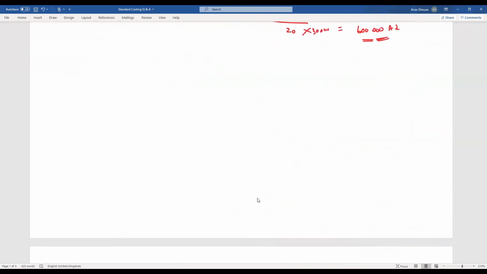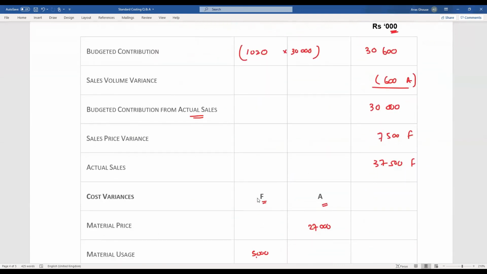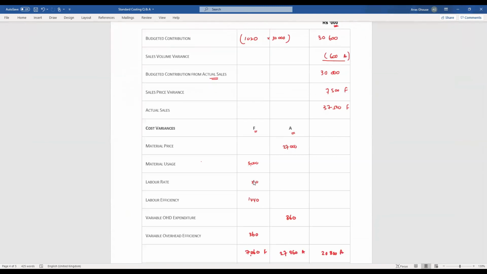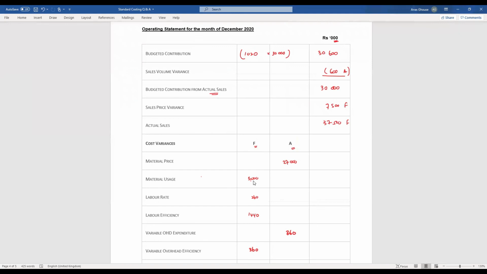Okay, so we have considered all the variances in this operating statement.